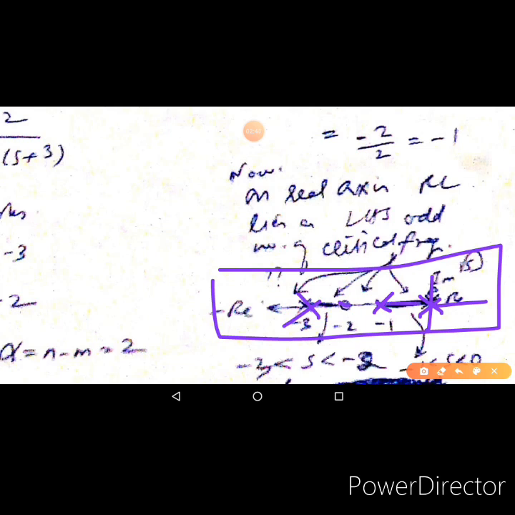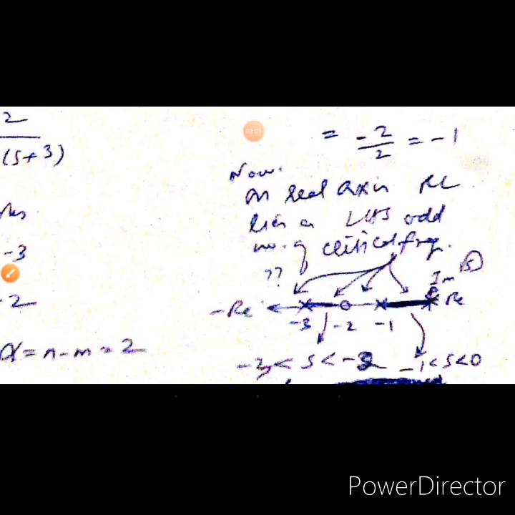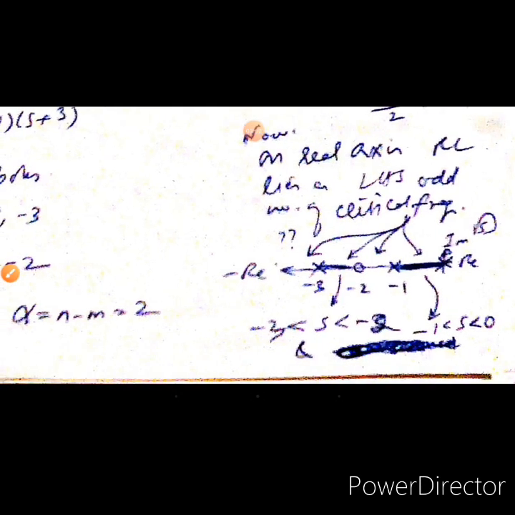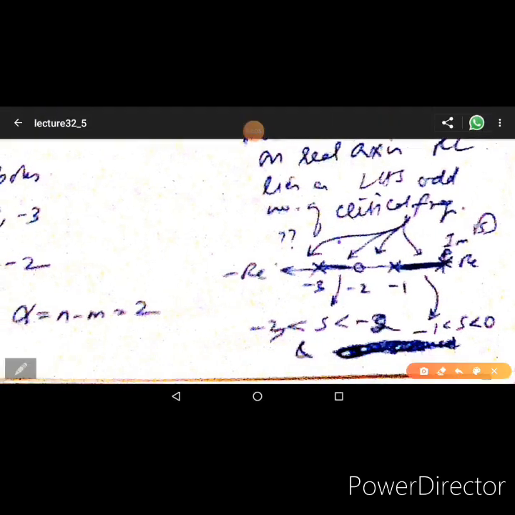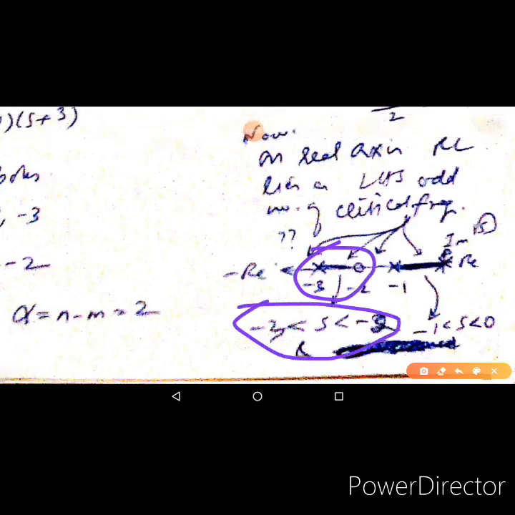So this region is to the left of one pole, therefore root locus on the real axis can lie here. And this is to the left of three critical frequencies, two poles and one zero, therefore root locus can lie here. So the range turns out to be: this means s is between -3 and -2, and this means s is between -1 and 0. This means the root locus on the real axis can lie in these ranges.